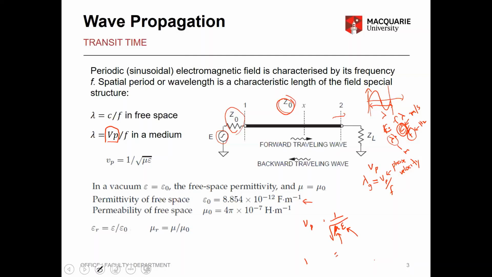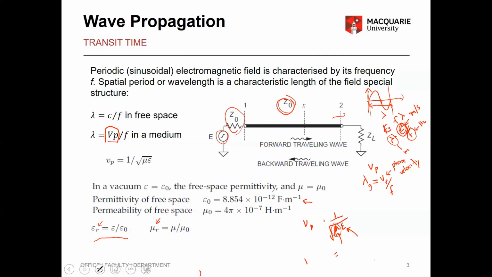Most likely our permeabilities are the same as free space, so your mu would be the same as mu naught. There's another parameter that we define, which we call epsilon r, equals epsilon over epsilon naught. This is a comparison parameter, so we call this the relative permittivity. We call this the relative permeability.